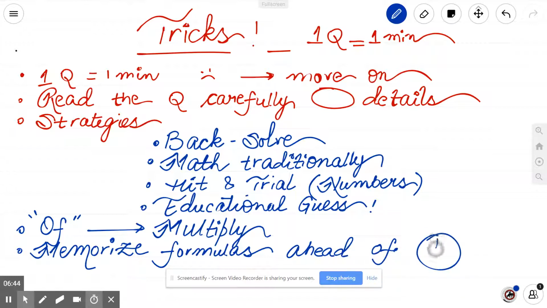Remembering formulas is important because the SAT does provide you with a formula sheet, whereas on the ACT you do not have a formula sheet. So it's vital to remember all the formulas so that your time is not wasted proving or deriving the formula. Rather, you can just use it if you remember it.